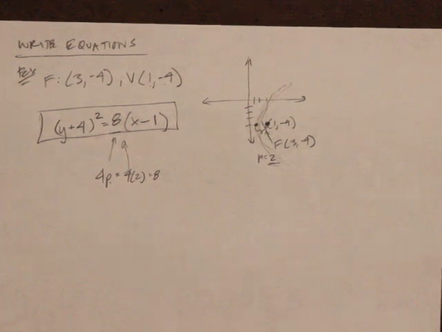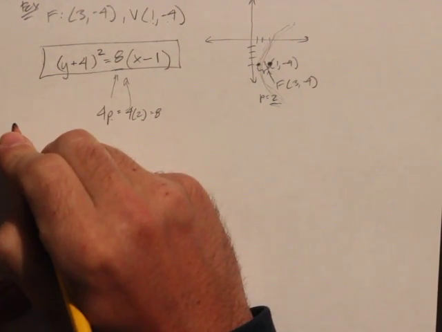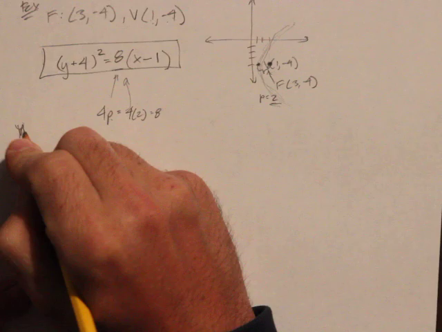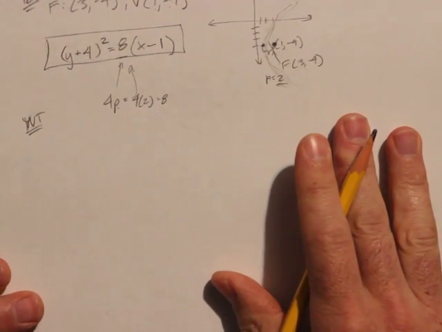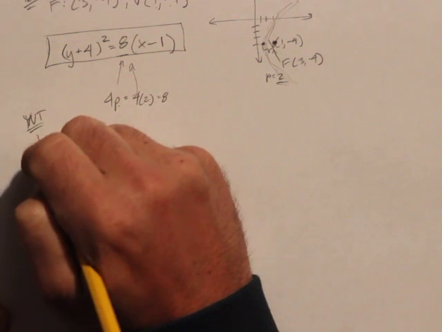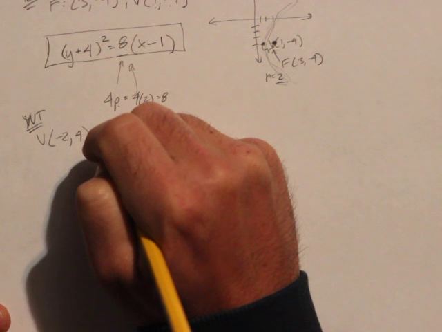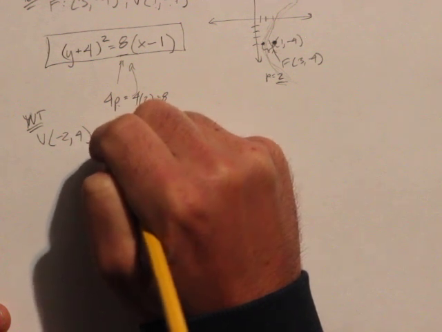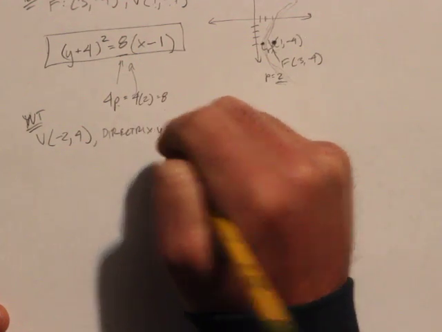Alright, let's go ahead and do another one. This might be, I don't know, a retry, I guess. I have a vertex that is (-2, 4), and my directrix is y equals 1.